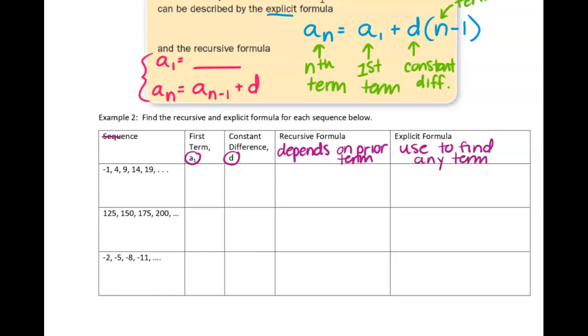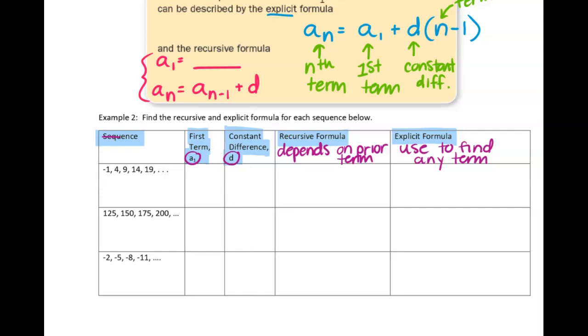So we have the sequence itself, first term a sub 1, constant difference d, recursive formula which depends on the prior term, and explicit formula which does not.